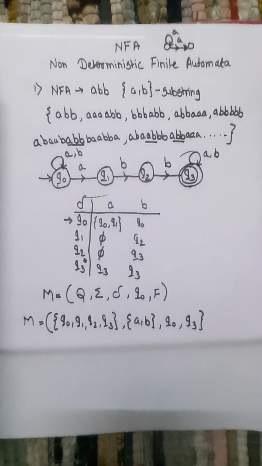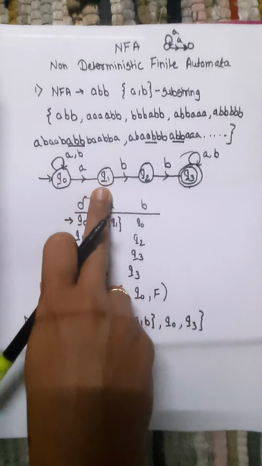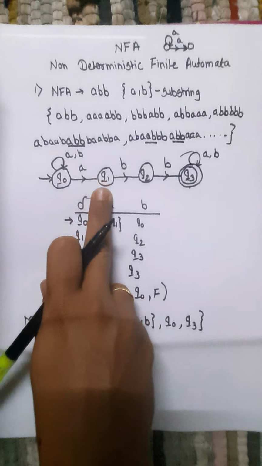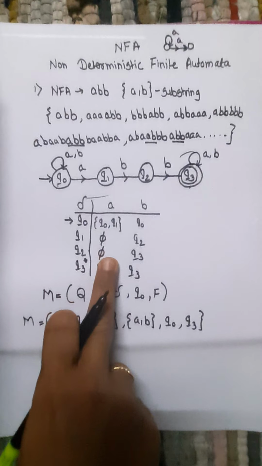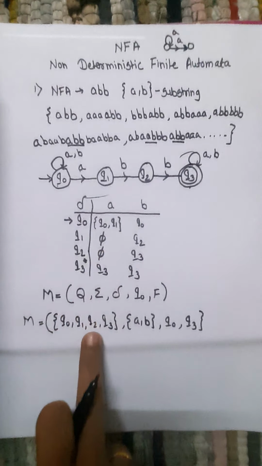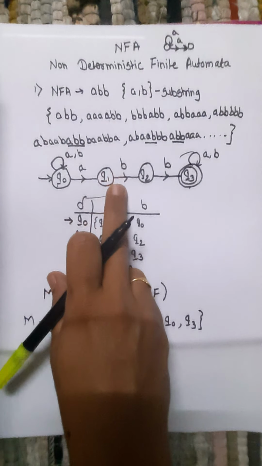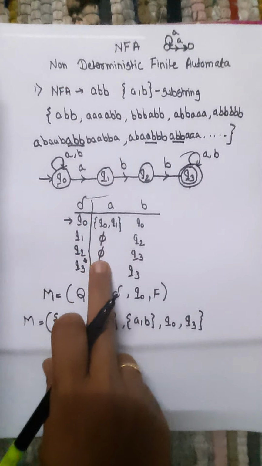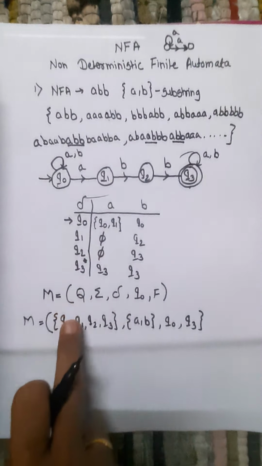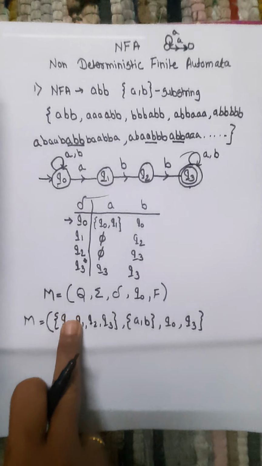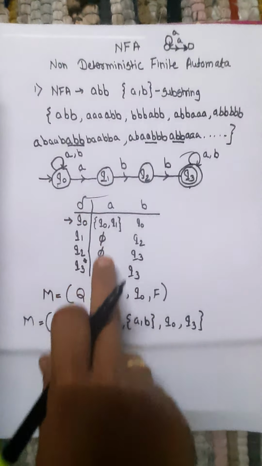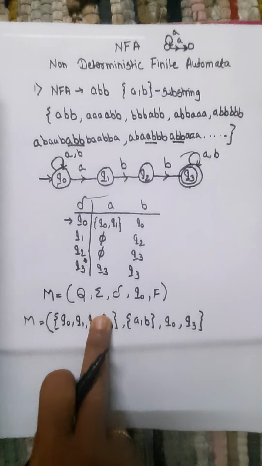In university, while you are solving this NFA, 3 marks are given for the NFA, 1 mark is given to delta and 1 mark is given to the definition. Students just solve the NFA and forget about the state transition table and definition. So students, prepare all these 3 things to get 5 out of 5 marks.